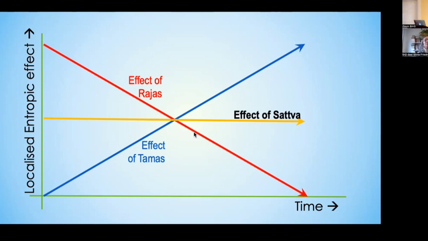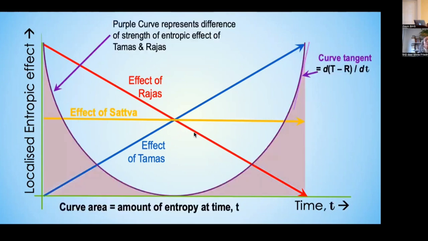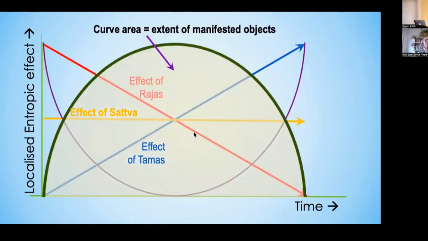Put them together and model the effect of Rajas over Tamas, and you see a line like this, from high entropy at the beginning going low and then back up again. The entropic state of disorder is being reduced and then allowed to come back high again. And what that means is that something can manifest for a period and then be dissolved.